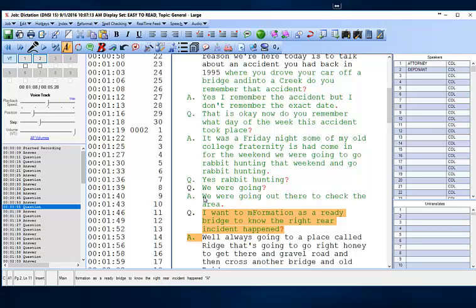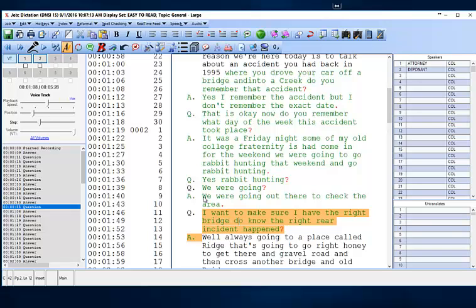Want to make sure I have the right bridge. Control D. Right, the right bridge. Alt-P. I want to make sure I have the right bridge. Do you know the road where the accident happened?